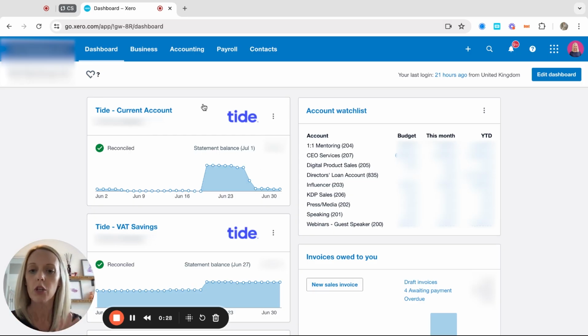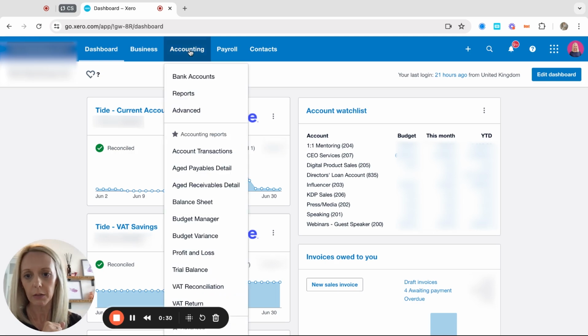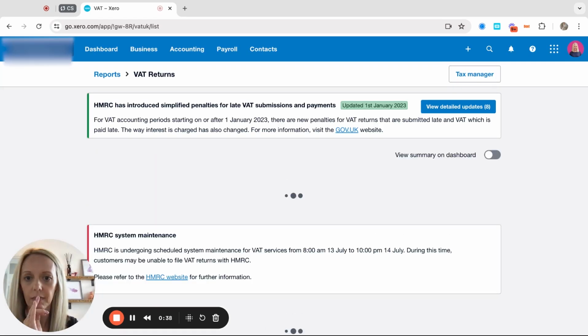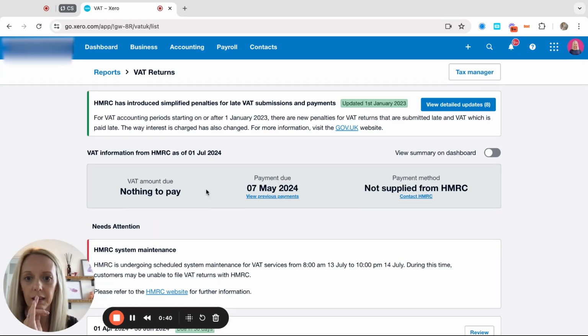To get to your VAT return, go to Accounting and then VAT return, and you'll have a few things pop up here. You've got a little bit of information where you can find out about penalties and stuff.